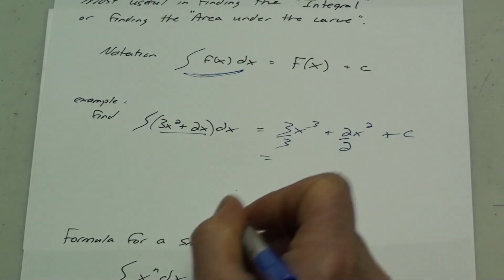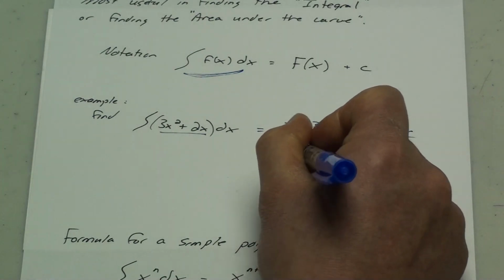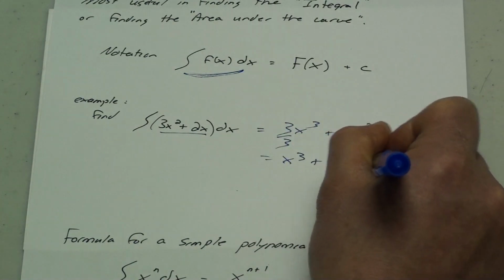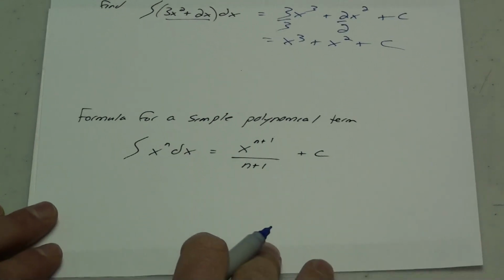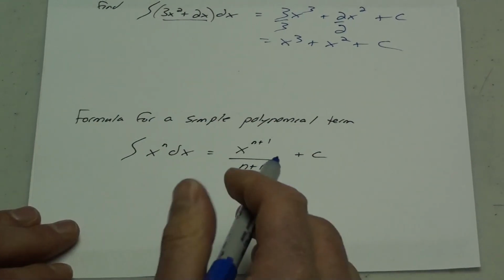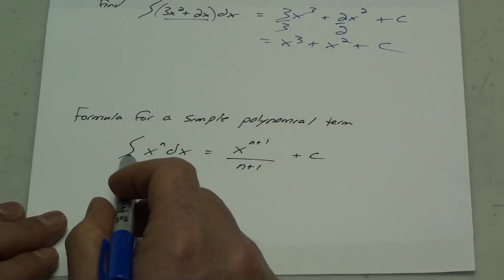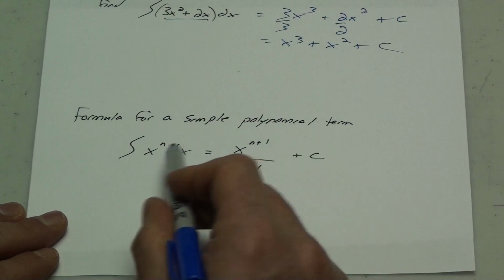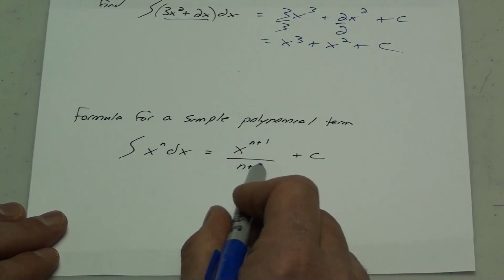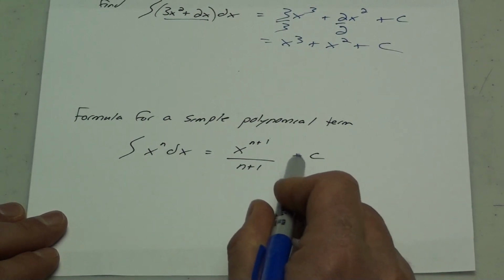Then I can reduce my fractions to become just x cubed plus x squared plus c. Formula for a simple term: for any individual term you want to integrate, you raise your exponent, so n becomes n plus 1, divide by that raised exponent, plus c.